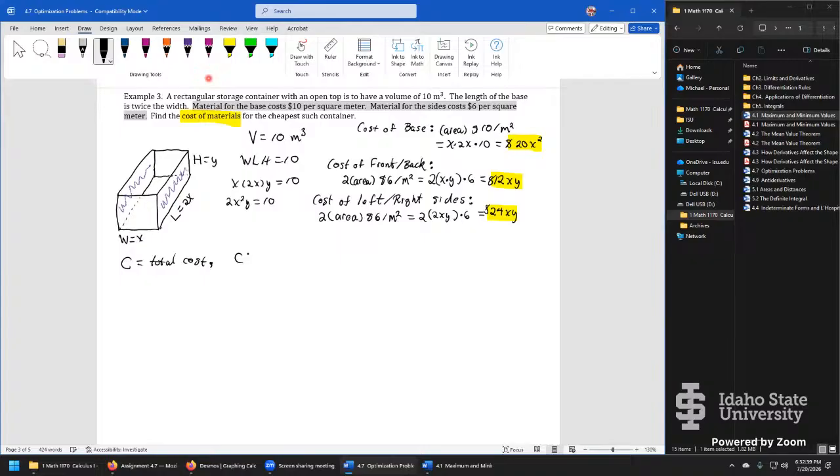And now as a function, C of x equals the 20x squared plus 12xy plus 24xy. So now C of x is 20x squared plus 36xy. We finally have a function.